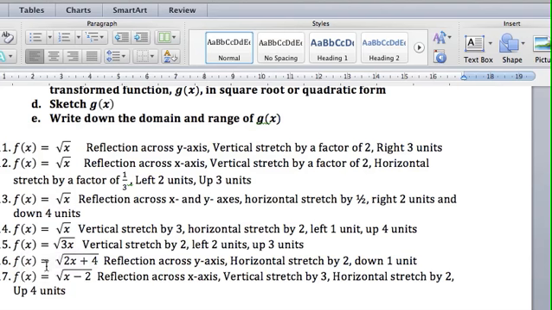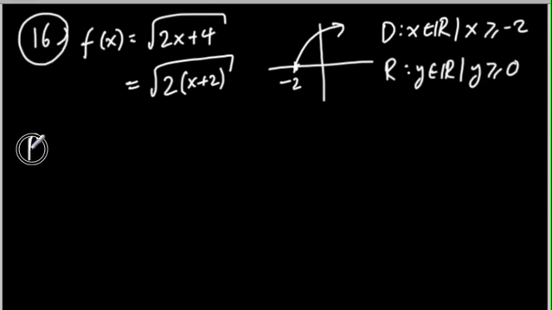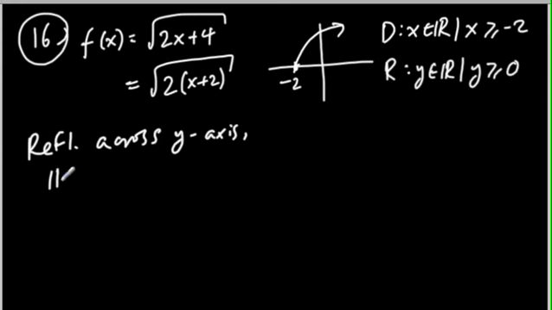Let's see what the transformations are. Reflection across y, horizontal stretch by 2, and down 1. Okay, so reflection across y-axis, horizontal stretch of 2, and it's down 1.